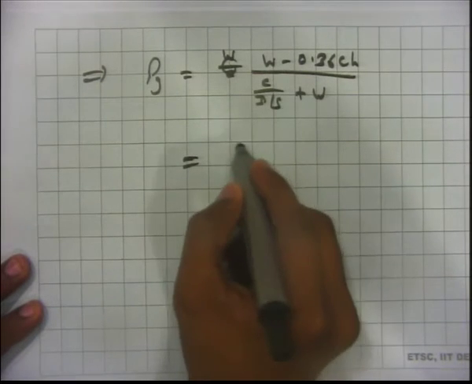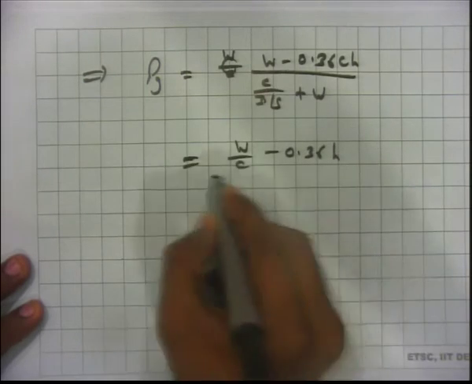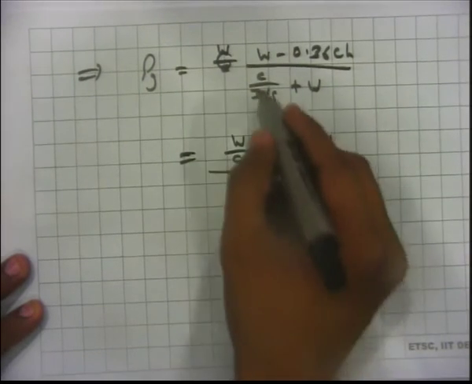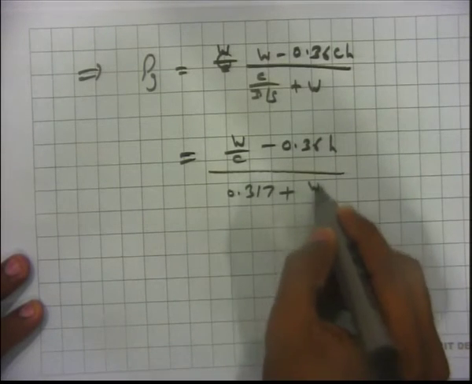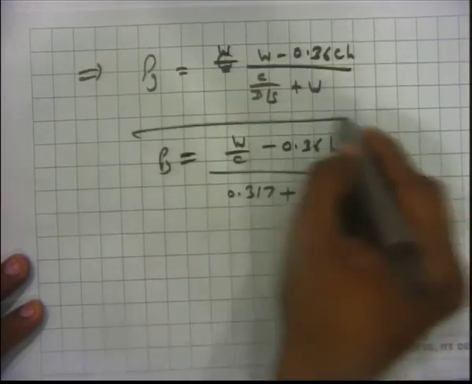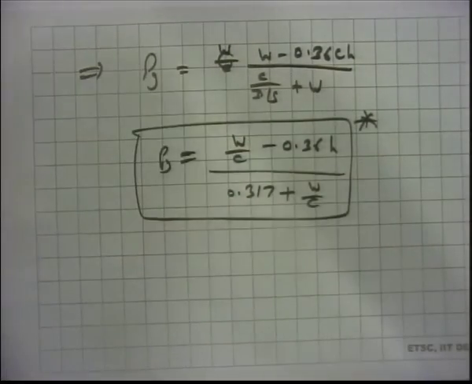So, divide by C and multiply by C: W by C minus 0.36 H, and 1 by 3.15 will become 0.317, plus W by C. So, this came out to be the formula for calculating capillary porosity of the cement paste.